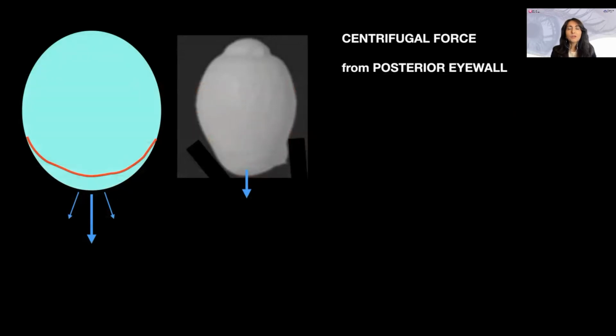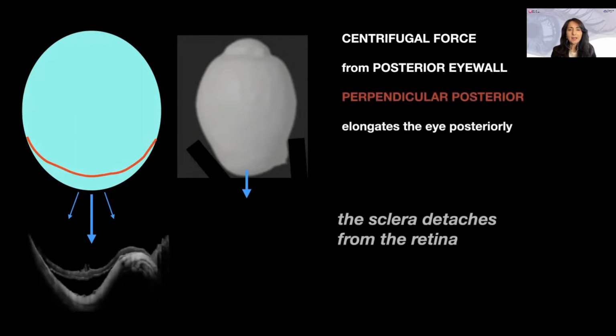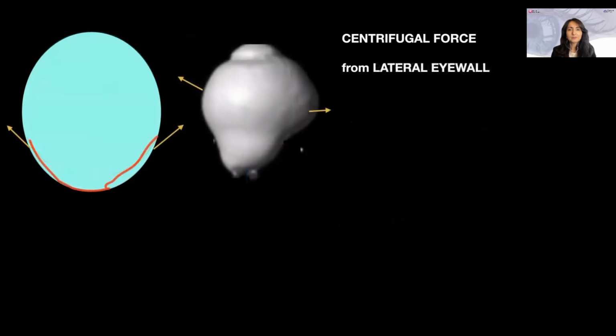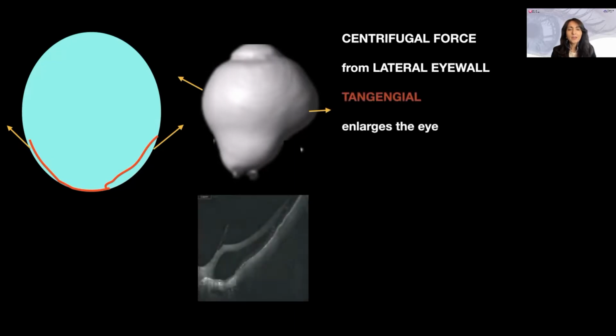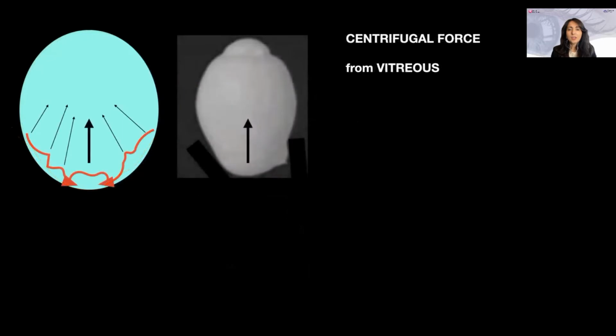The centrifugal forces from the posterior eye wall elongate the eye posteriorly and detach the sclera from the retina. The centrifugal forces playing from the lateral eye wall enlarge the eye and induce detachment in the lateral part of the eye.